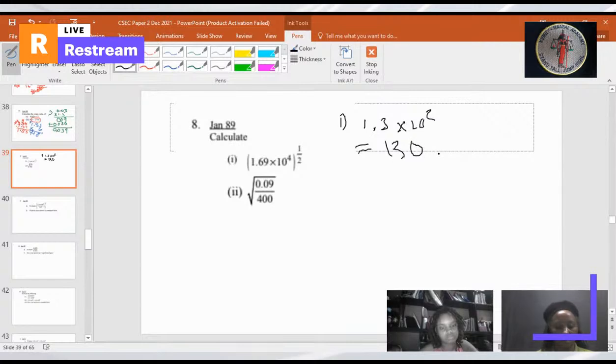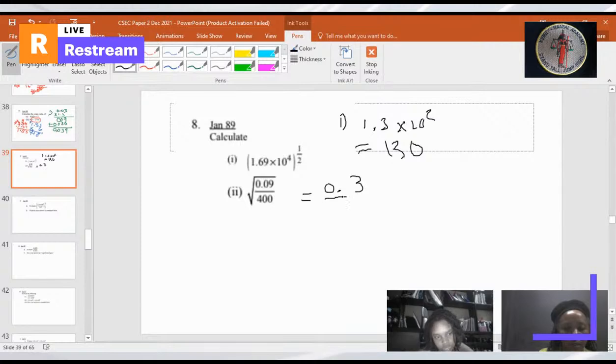All right, and for the other one now, it would be the square root of 0.09 over the square root of 400. So the square root of 0.09 is 0.3, and the square root of 400 is 20.